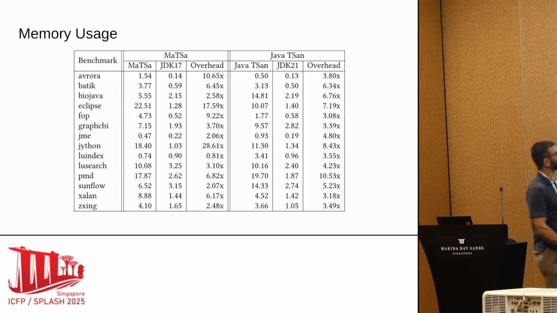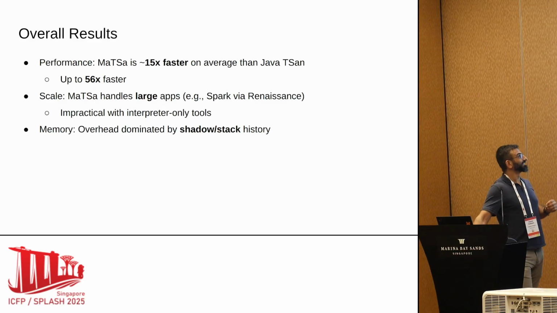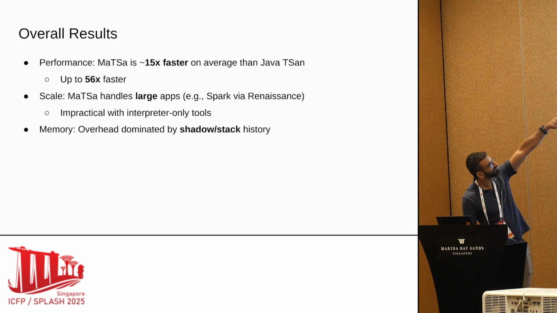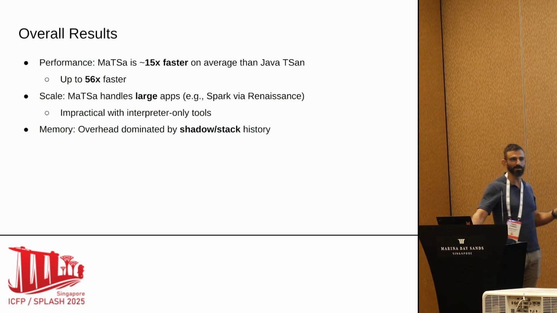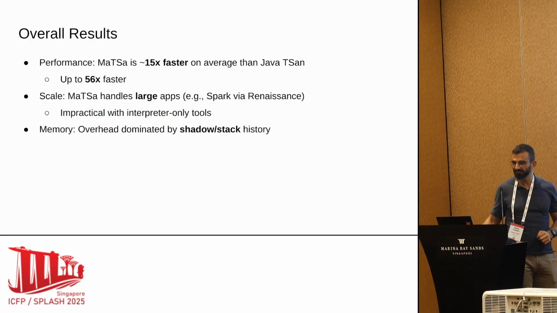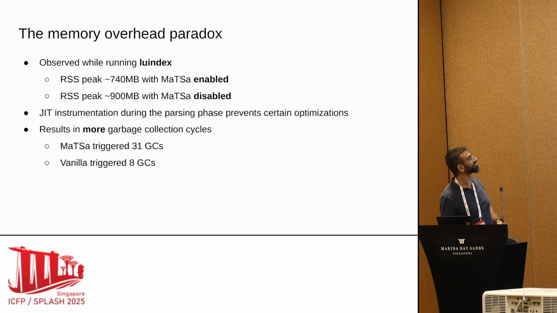And the other thing here I'm going to explain is this thing. Sometimes we use less memory than even Java. In the end, we are 15 times faster than the competition. If you want to find races, we can run with heaps that are many gigabytes in size with big benchmarks. At this point, you cannot run anything with interpreter-rolling tools like this.